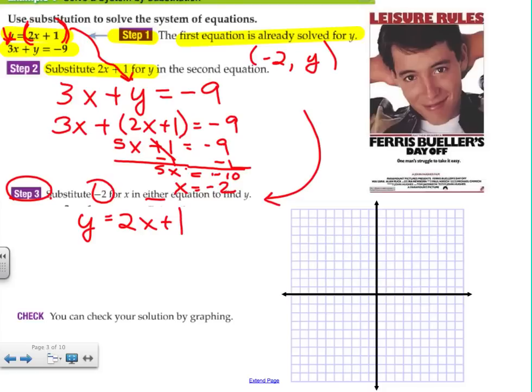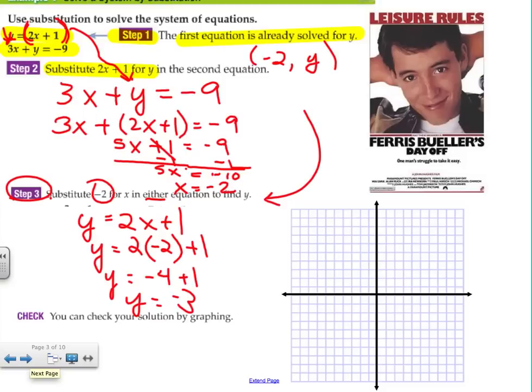Now I know that x is negative 2, so I can say y equals 2 times negative 2 plus 1 and solve for y. y equals negative 4 plus 1, y equals negative 3. So our y value is negative 3, negative 2 comma negative 3. And we can check it by graphing.